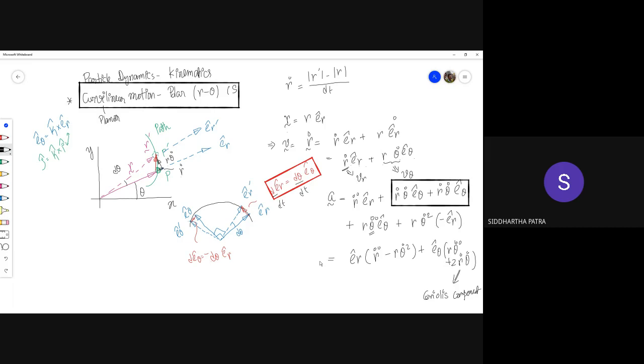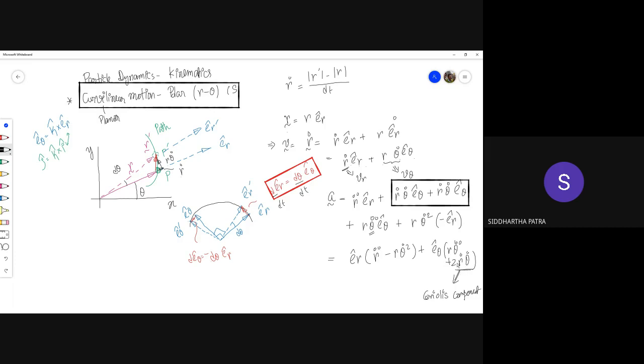When you were in school you must have heard about the Coriolis acceleration or the Coriolis force that determines the direction of the wind flow over the globe. So this is that component. It is due to both linear and angular velocities.